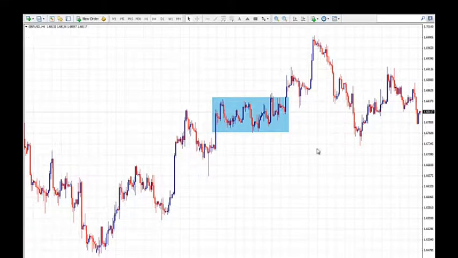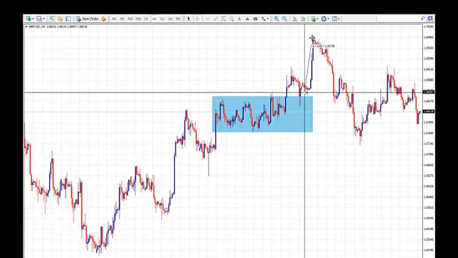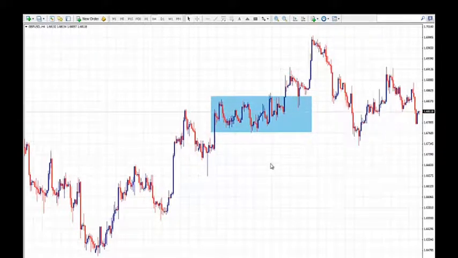But since we are in a ranging market, we decide to wait for the breakout of this consolidation period to trade the upside of the breakout, and when we break above it and retest this resistance as support, we have an entry for a 130 pip winner. Okay, so this is what a consolidation period would look like on an advanced continuation pattern.